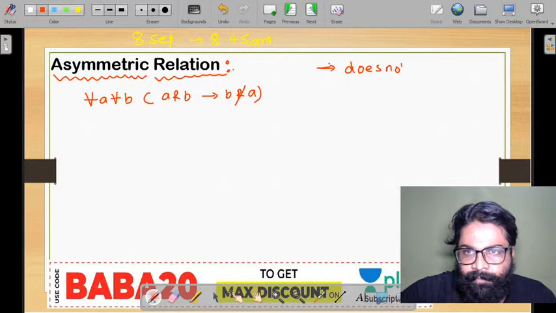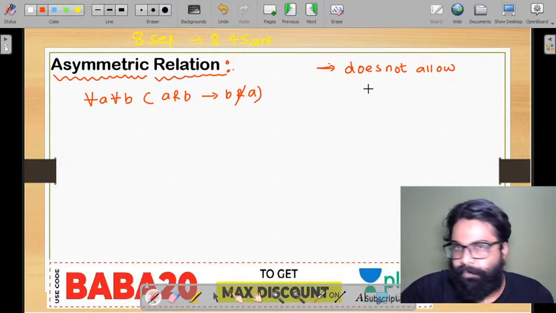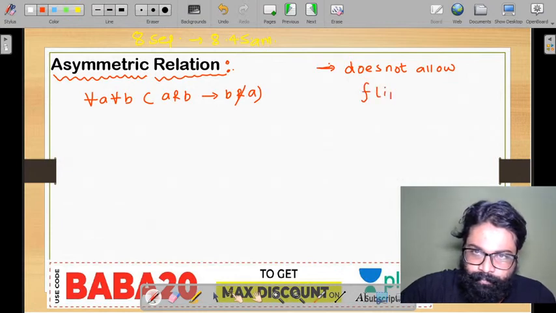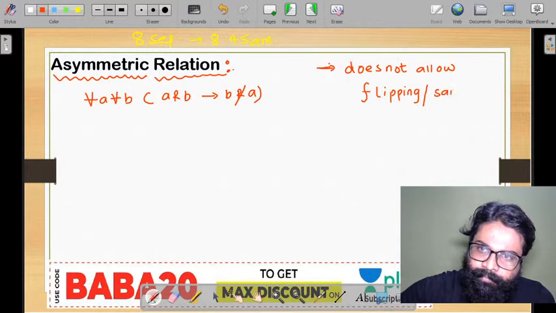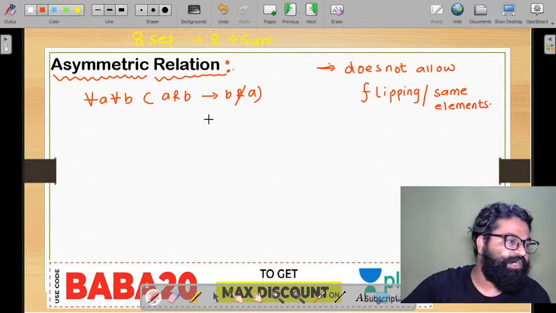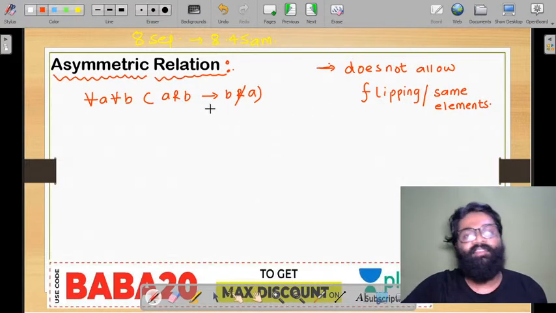That is the difference between what? Difference between the asymmetric relation and your anti-symmetric relation.